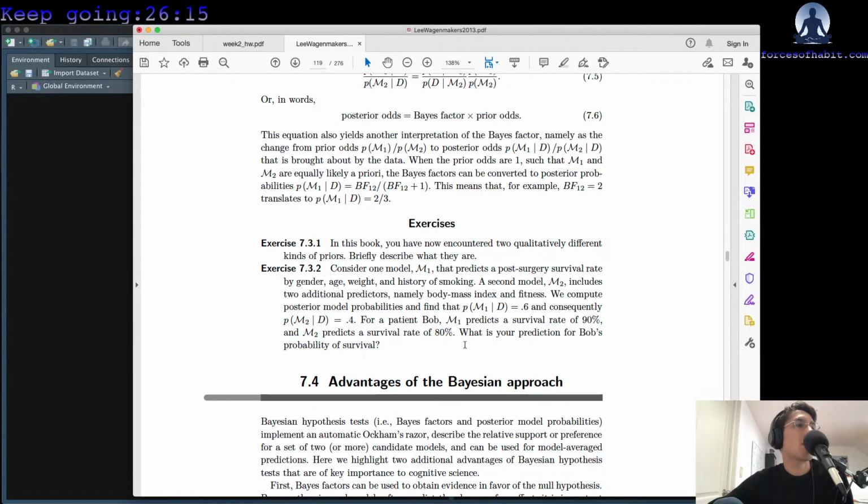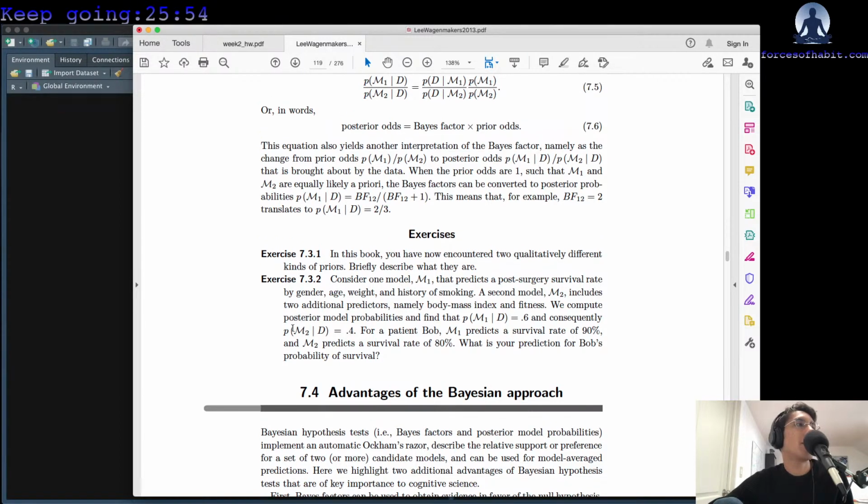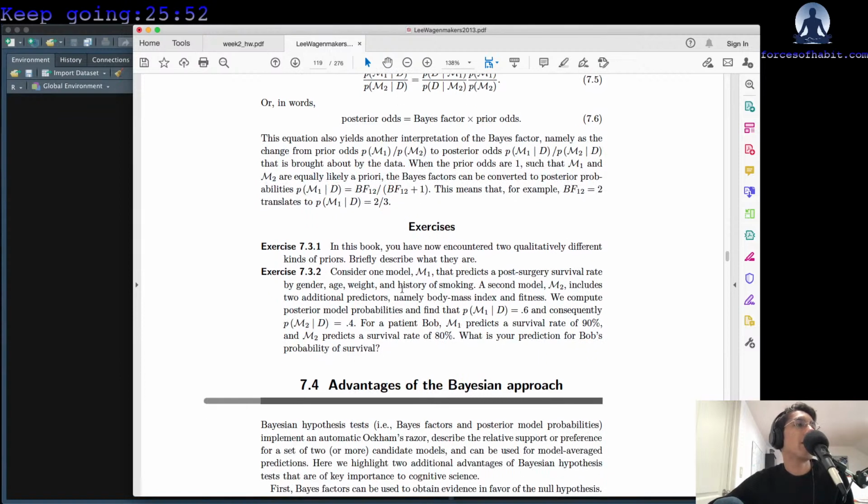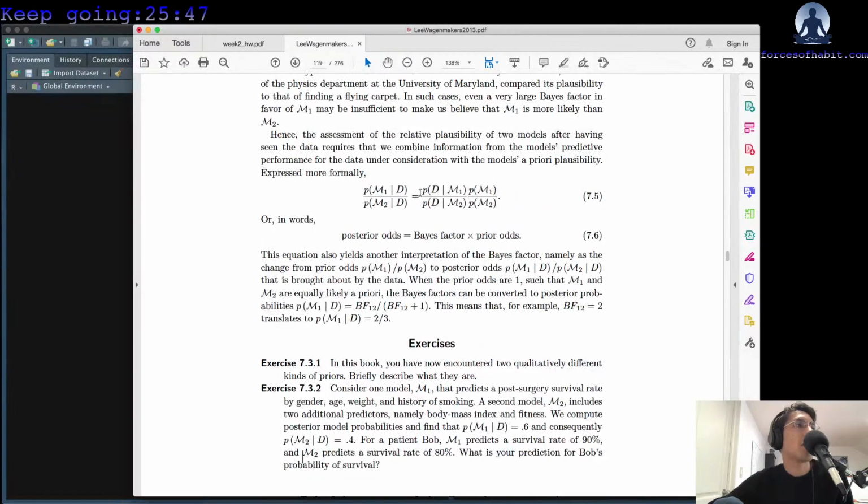What is your prediction of the probability of Bob's survival? So it wants me to make a prediction about whether Bob is going to survive given the predicted survival rate for each of the two models. So yeah, first, I guess, what's 0.6 over 0.4?